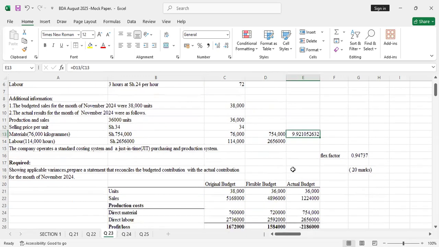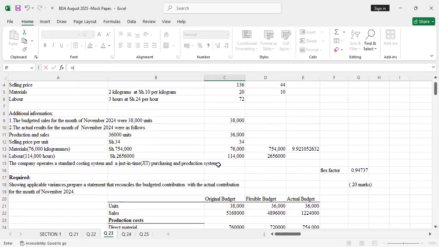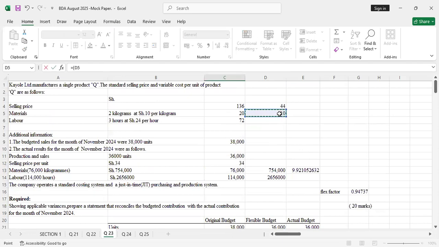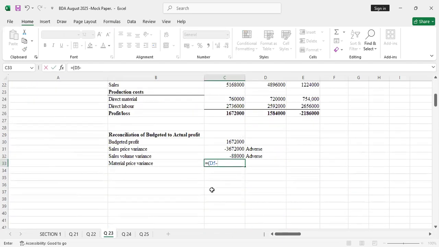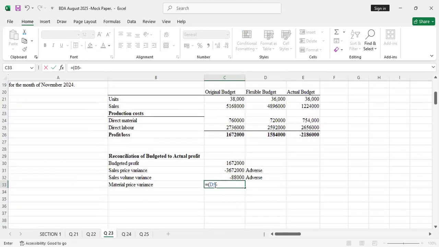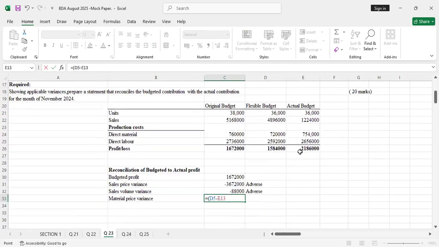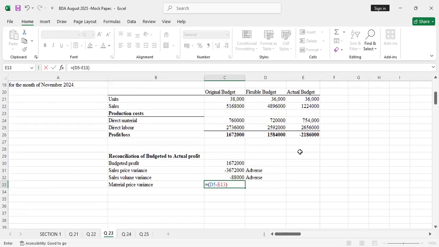So you come back to the formula and say equals to bracket the standard price, which was 10 here. You subtract the actual price per kg, which is 9.92. It means we budgeted with 10, but now the actual is 9.92.